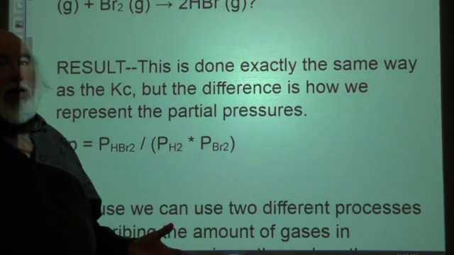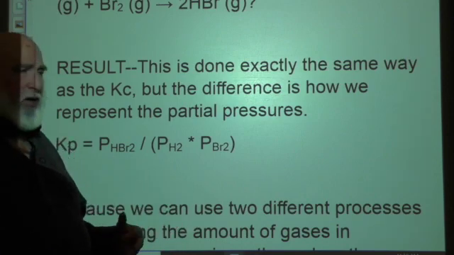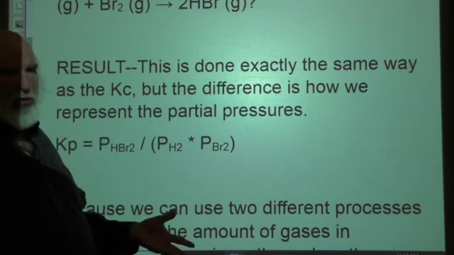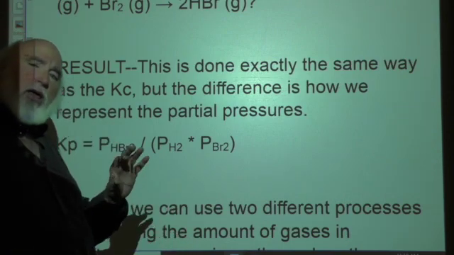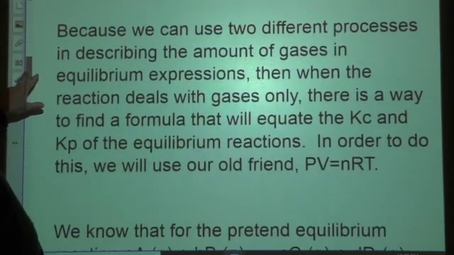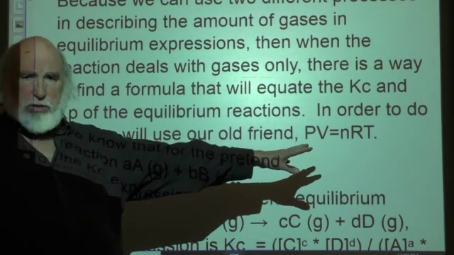They're not the same value, but they're calculated the same way using different measurements, depending on the perspective that we're using. Like I said, moles per liter for aqueous solution and atmospheres for gases. So we're going to derive that equation using algebra.